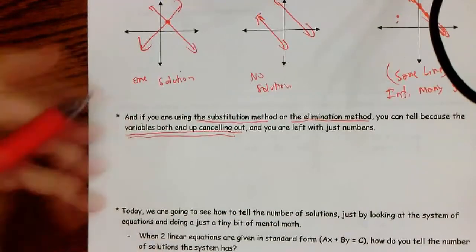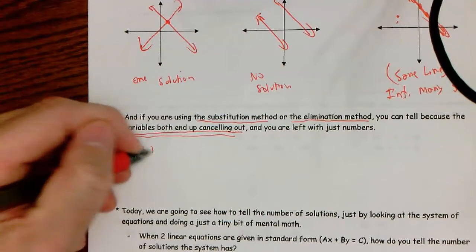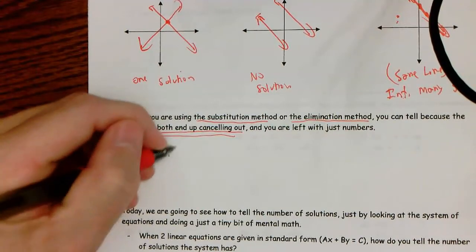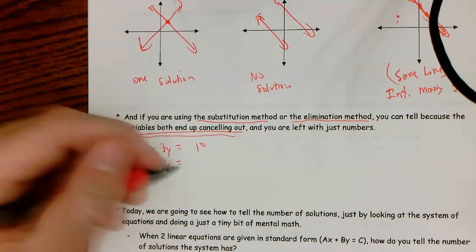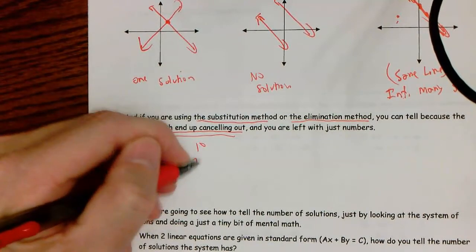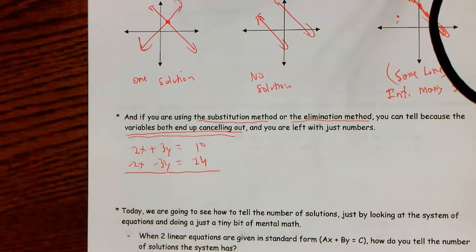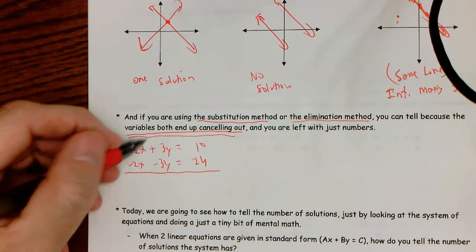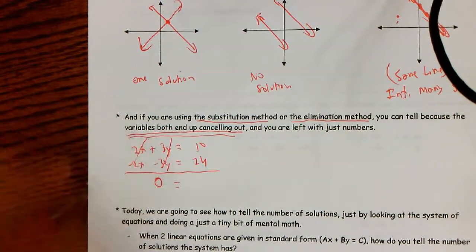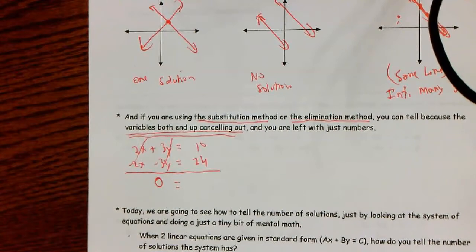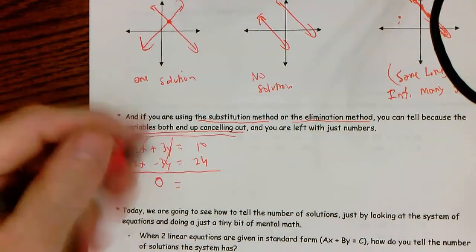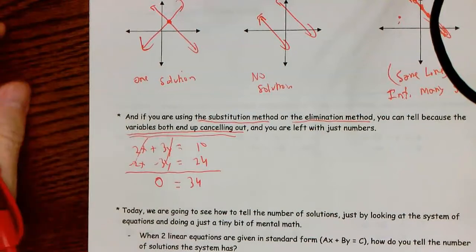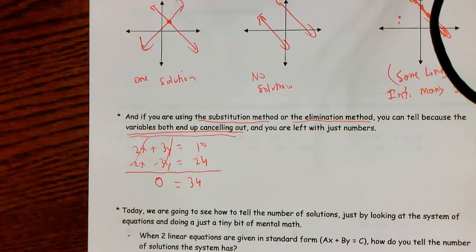Like if you were doing the elimination method, and you had 2x plus 3y equals 10, and negative 2x minus 3y equals 24, and you added those equations together, both variables would cancel out. So you'd be left with 0. No variable at all, just 0. And over here you would have 34, right?